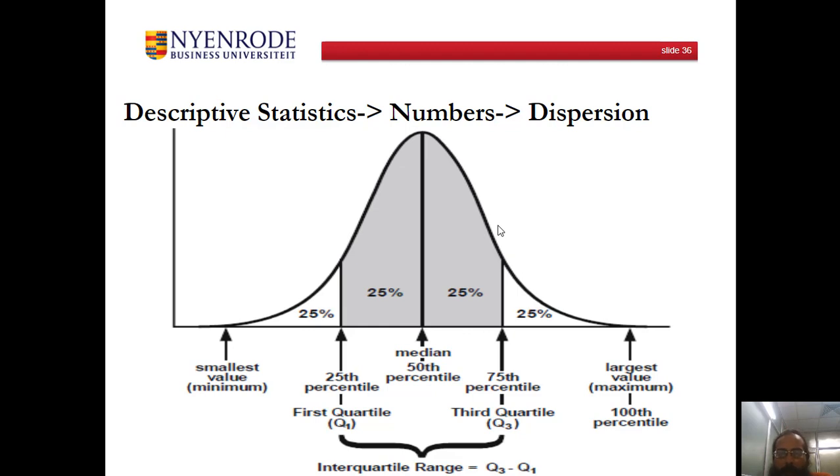The words percentile and quartile are basically the measures that are used here. When we say 75th percentile, that means 75% of the data, some part of data which is 25% from the central median.